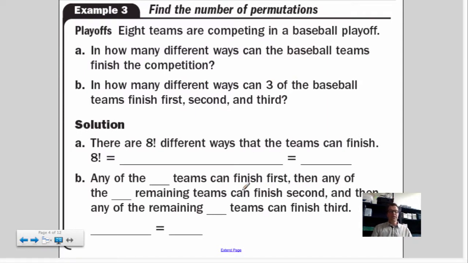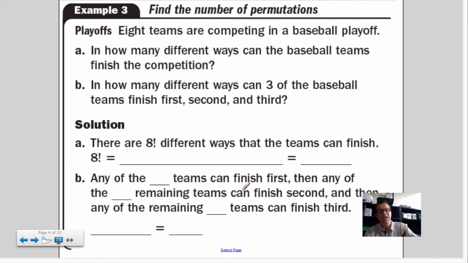So here we go. The next example is finding the number of permutations. So you have 8 teams competing in a baseball playoff. It says, in how many different ways can the baseball teams finish the competition? So each team is unique, and realize, you could have blue get first, then team red.